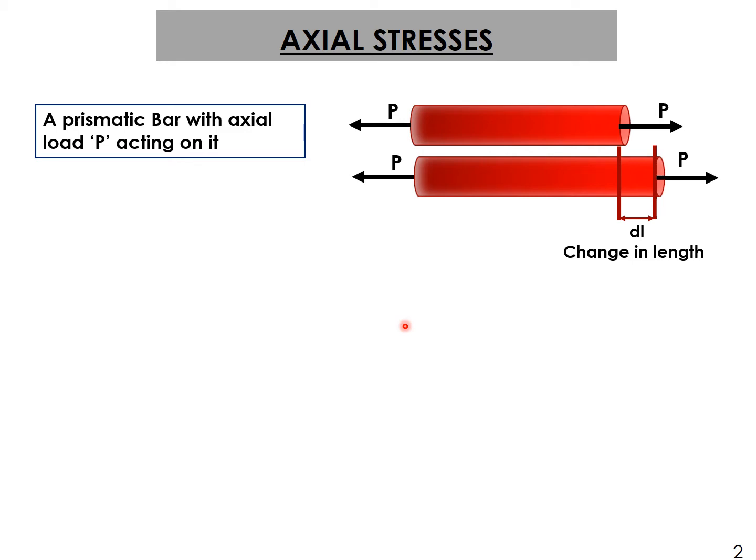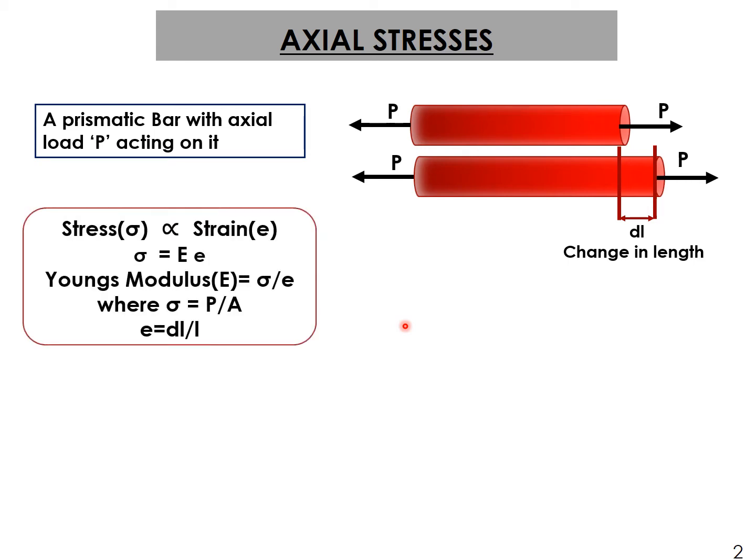So that is basically Hooke's law. We will derive a formula using simple Hooke's law. Hooke's law says stress is proportional to strain, and if you replace the proportionality sign, we introduce a constant of proportionality which is called modulus of elasticity or Young's modulus. That is the material property.